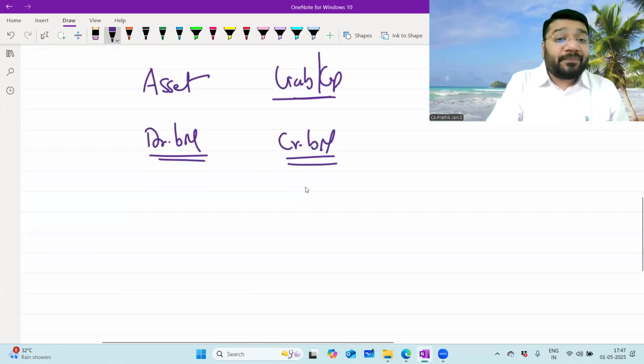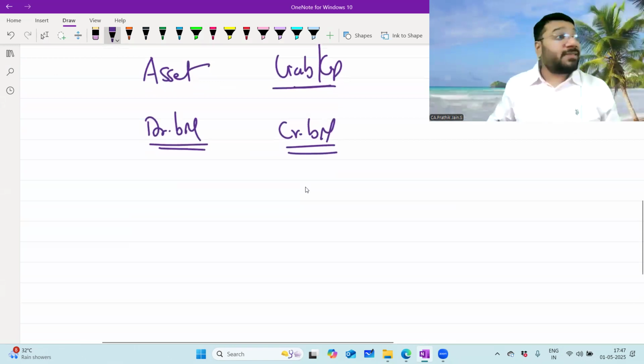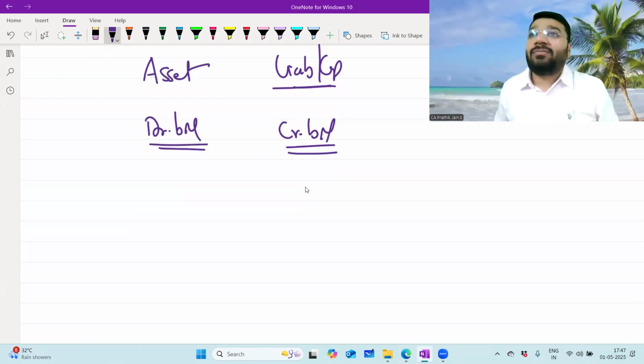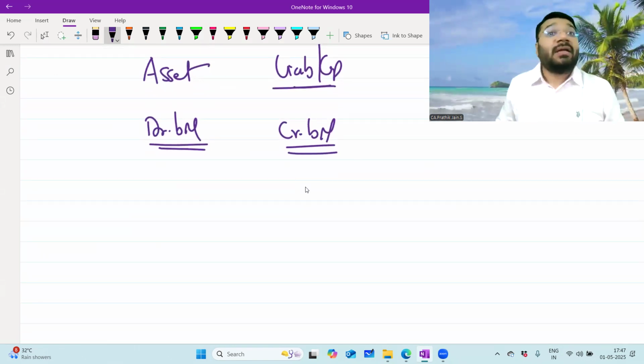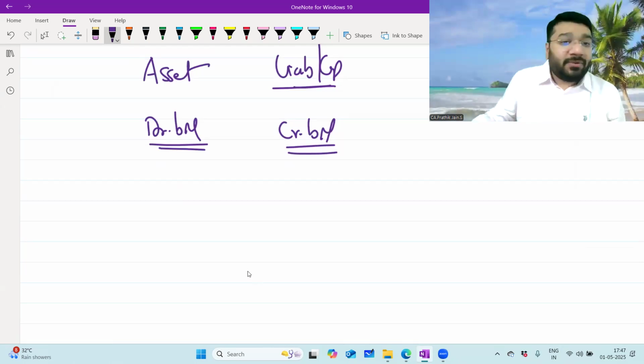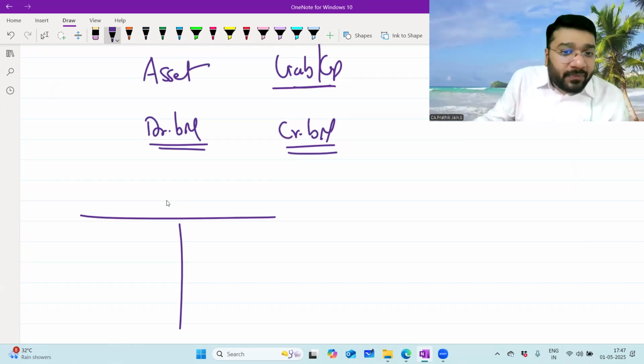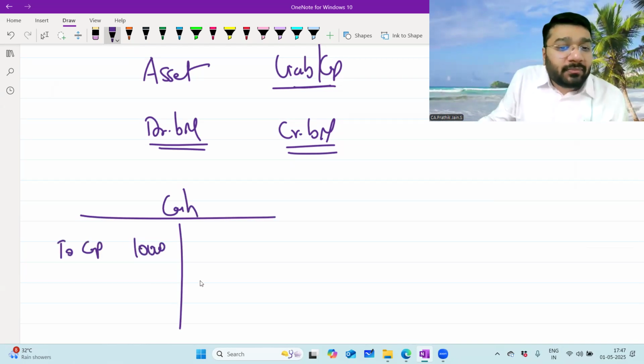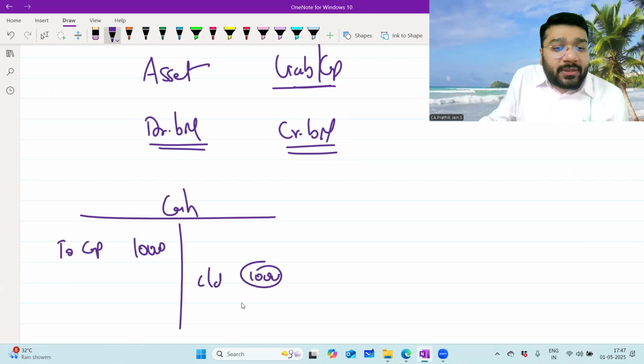What does your golden rule say? Cash is a real account. Debit what comes in. If cash is coming in, debit. So you open the cash account, and on the debit side you record to capital 10,000. Carry down 10,000, brought down 10,000.